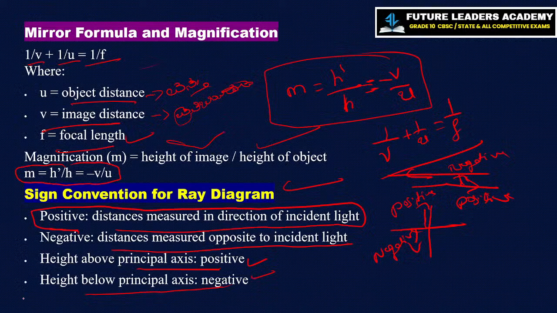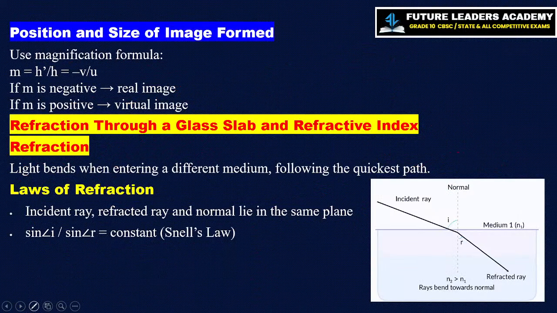Okay, right? Then next thing is position and size of the image formed. See, how to find that is using the magnification formula. M is equal to H dash by H is equal to minus V by U. M is negative when the image is real.